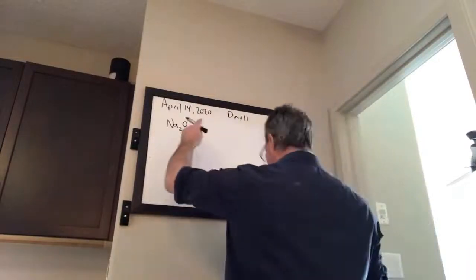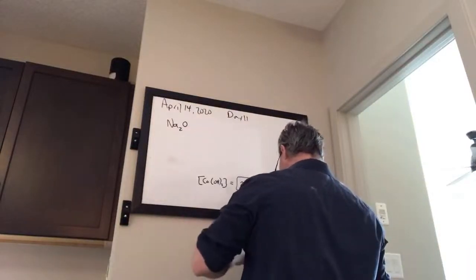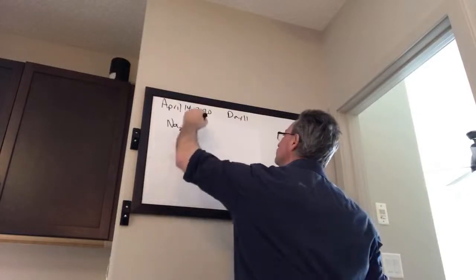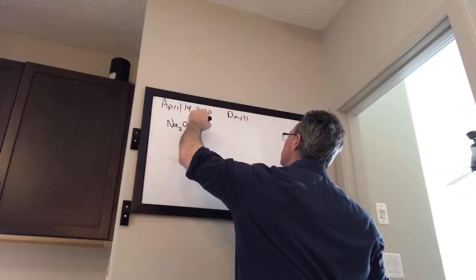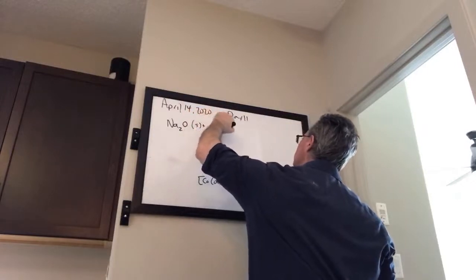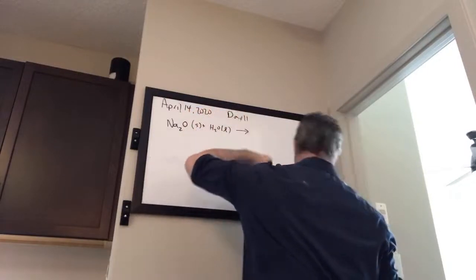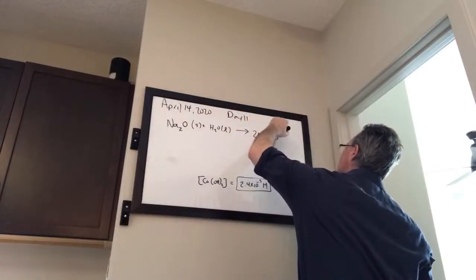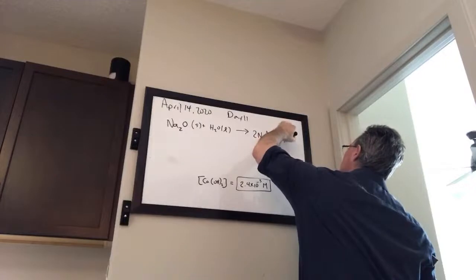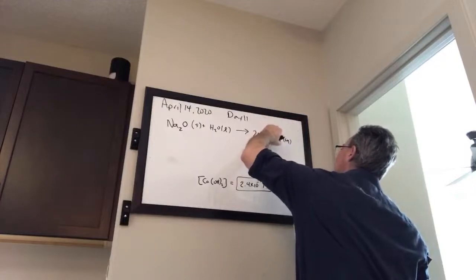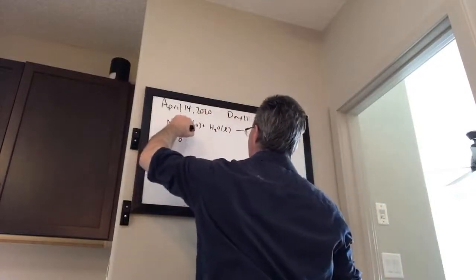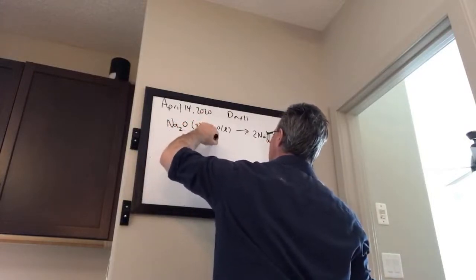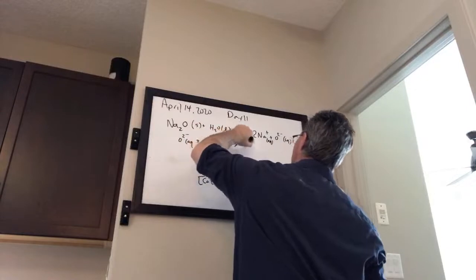If you then put that in water, you would get a reaction where, first of all, it would dissociate, but the oxide ion would not persist in that form. It would quickly react with the water to form 2 hydroxides.